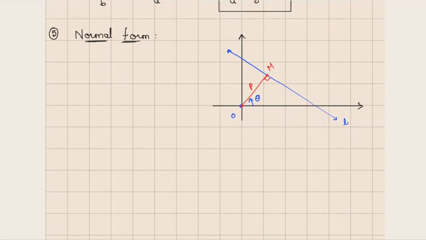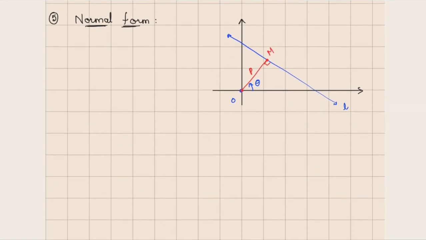We have seen how the slopes of two lines which are perpendicular look. Yes, we can see the line L and the line OM are perpendicular.